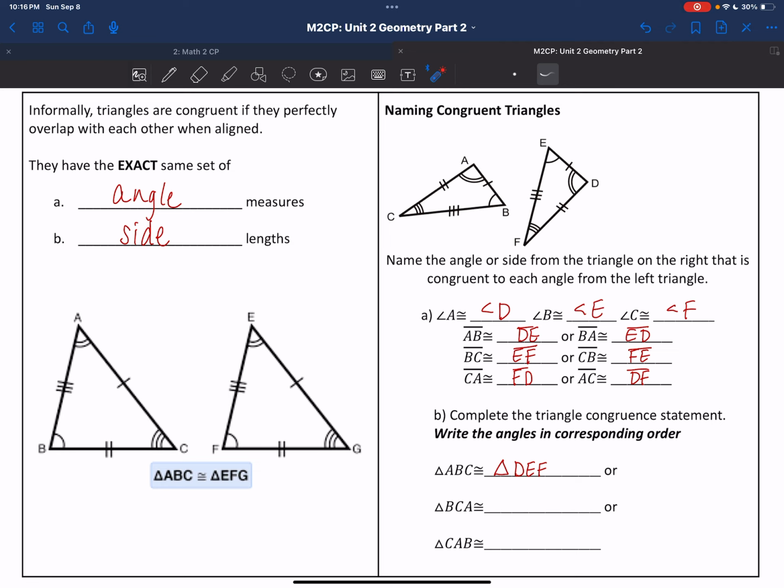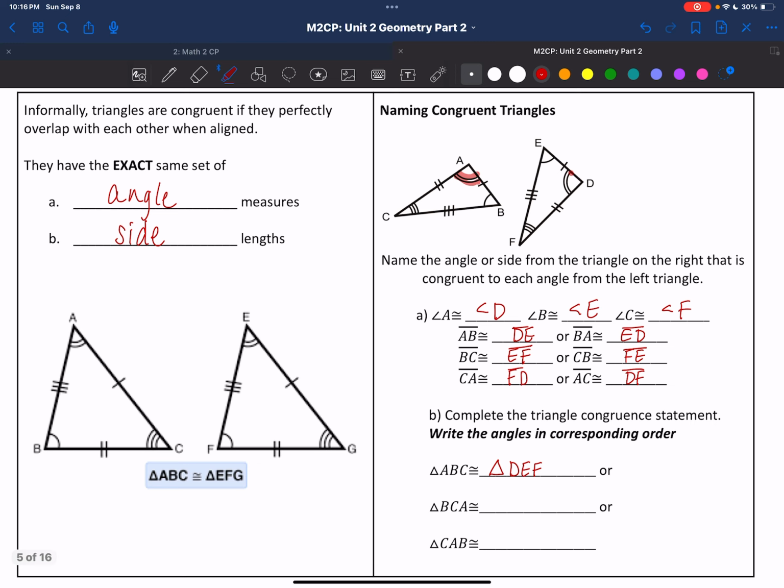So here it says angle A is congruent. So what we're going to do is find angle A. And angle A is right here. And we're looking for the 2 marks. So it's congruent to D. And that's what we put right here.